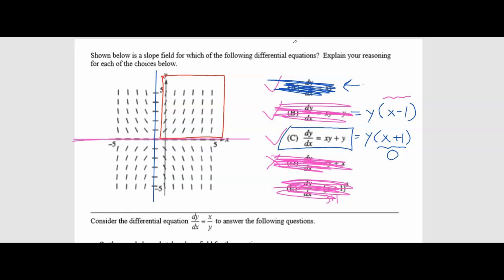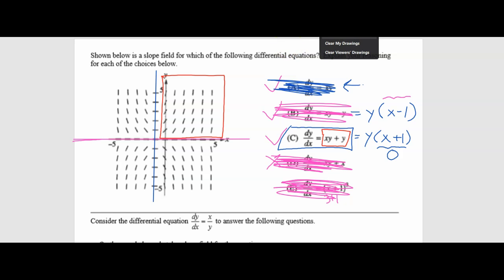So if I substitute in positive numbers for x and y, I would always need to get a dy dx that's positive. And you could see that works for this, right? If I substitute in positive numbers there, there's no way I'm going to get a negative slope. So again, just choose different parts of the slope field to help narrow down and eliminate different choices until you have one differential equation that's left.